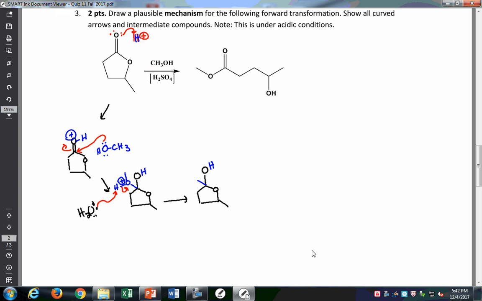So we're going to be opening up the ring, which means the oxygen of the ester is going to be leaving, but it won't leave as a negative charge. So we're going to have a proton transfer, and again, all of these steps are pretty reversible. Again, we have H plus all over in this reaction because those are the conditions, acidic conditions. So we can get the protonation.